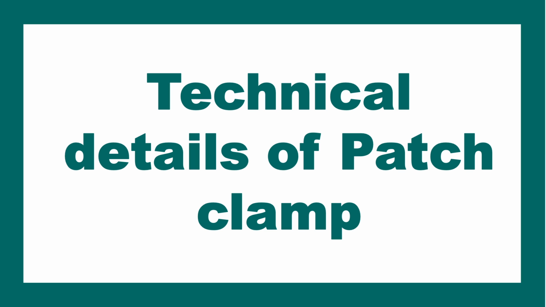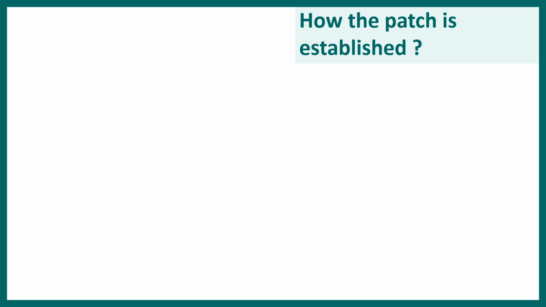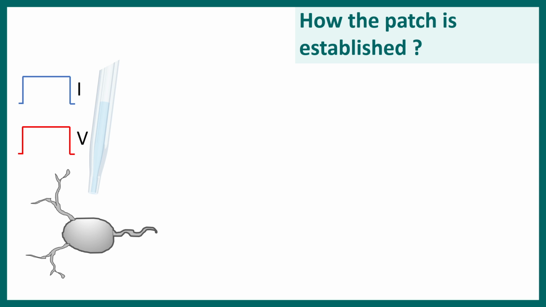Now let's talk about the technical details of patch clamp. So how a patch is established, that is really important. In order to establish a patch, you start with a particular electrode. You try to find the neuron under the microscope stage. You put a small voltage, you see a current like this in blue.